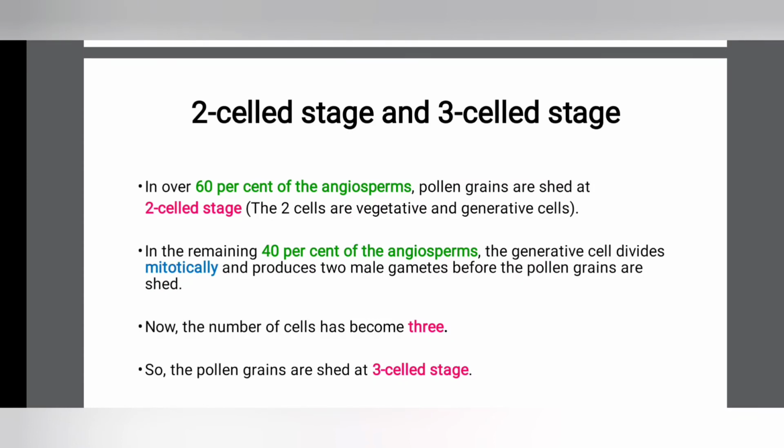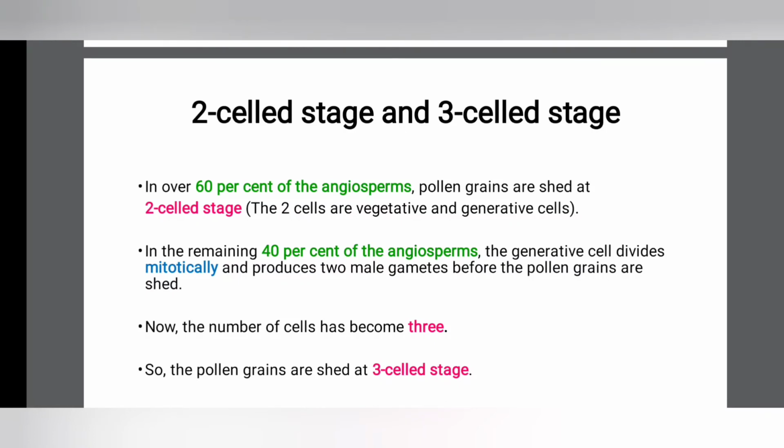But here what happens is the generative cell divides mitotically and produces two male gametes. So these two male gametes and the vegetative cell altogether comprise three cells. That's why it is called the three-cell stage. So in 40% of the angiosperms, the pollen grains are shed at the three-cell stage.